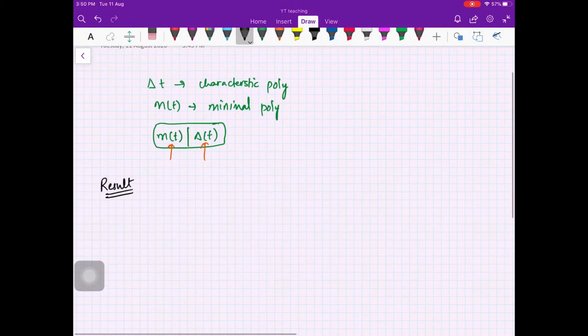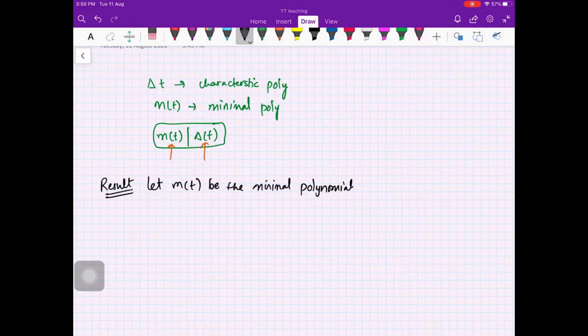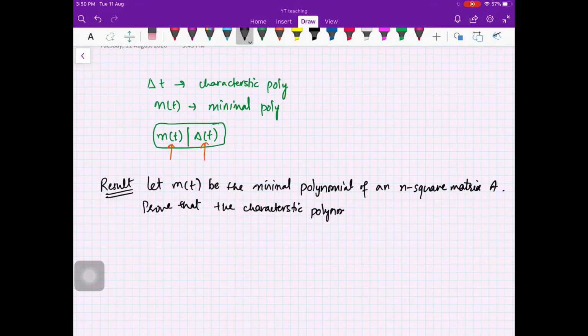Let m(t) be the minimal polynomial of an n square matrix A. Then prove that the characteristic polynomial Δ(t) of A divides m(t) raised to power n, right?